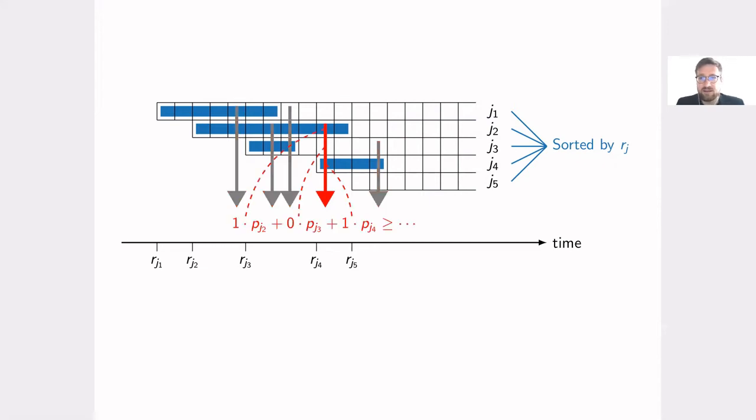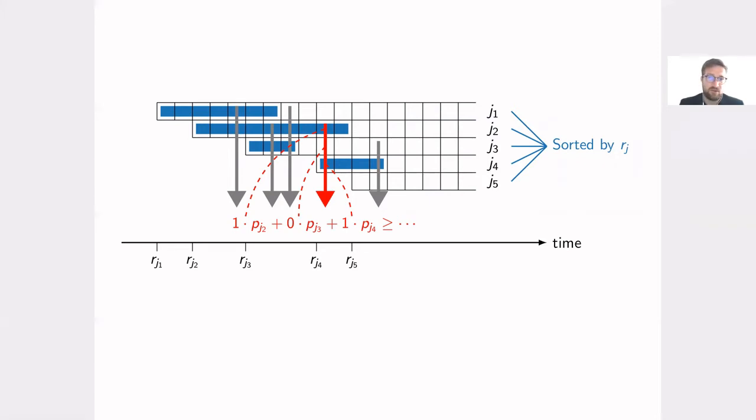And let us now focus on one of these rays. What does this actually mean? So this ray has some demand on the right-hand side, which we derive from a certain integer programming formulation. And this demand has to be covered with the jobs that the ray intersects with.